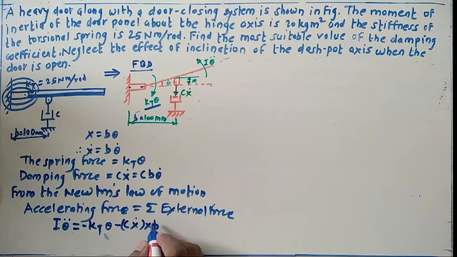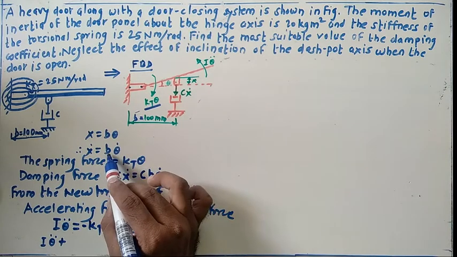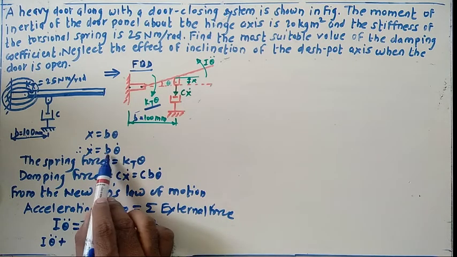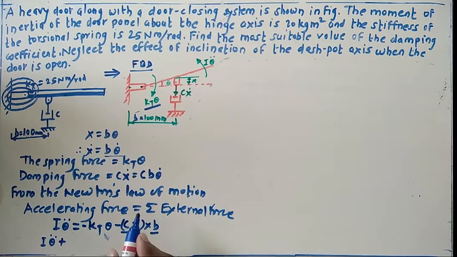Okay, so rearrange this equation in this way: I theta double dot plus, so what's about this one? X single dot already with us. Okay, just replace that x single dot by this term b into theta single dot.